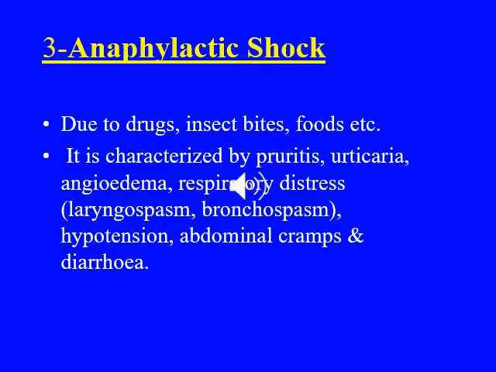This type of shock is characterized by skin manifestations like pruritus, urticaria, angioedema, and also there will be severe respiratory distress, either due to laryngeal spasm caused by severe extensive laryngeal edema, or severe bronchospasm. At the same time, we will have hypotension and inadequate tissue perfusion. Sometimes the patient has abdominal cramps and diarrhea.